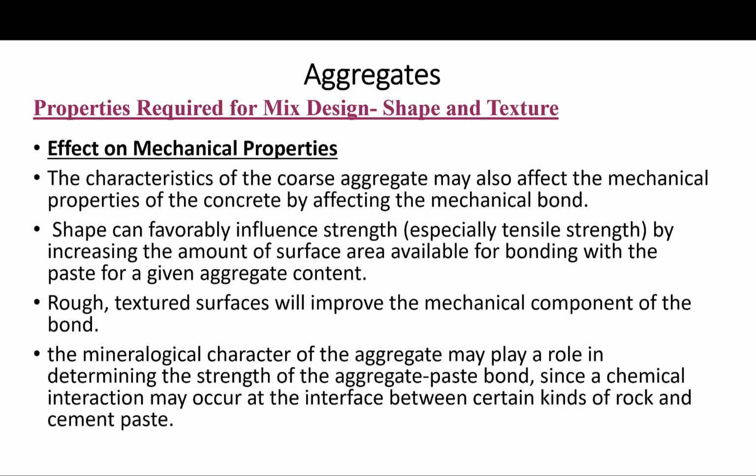By increasing the surface area available for bonding with the paste for a given content, but extremes in aggregate shape may lead to high internal stress concentration and lower the strength eventually. The rough textured surfaces will improve the mechanical component of the bond because they bond better.